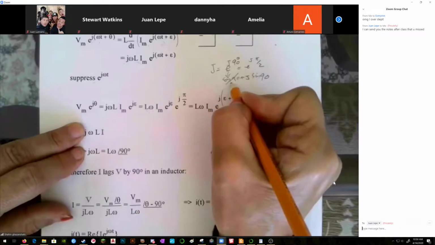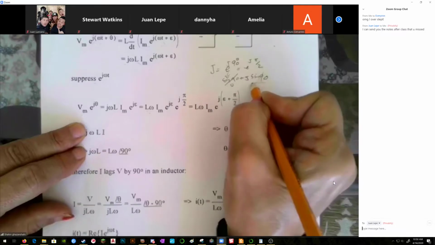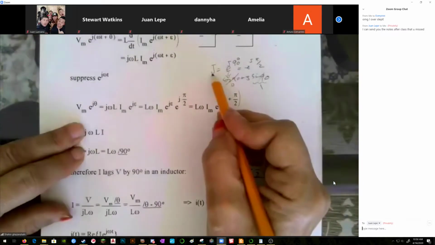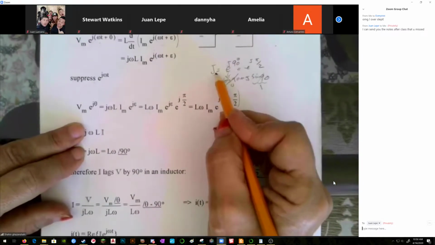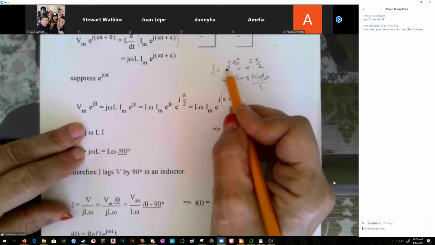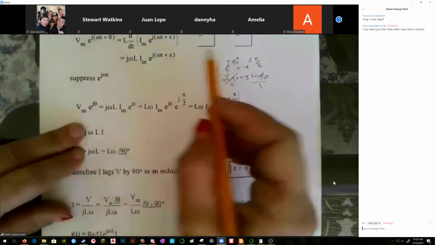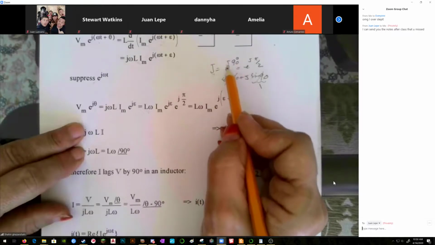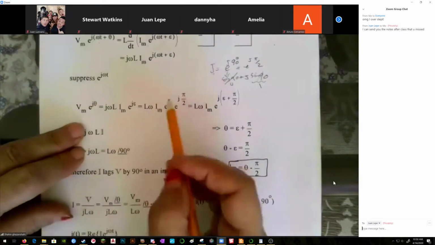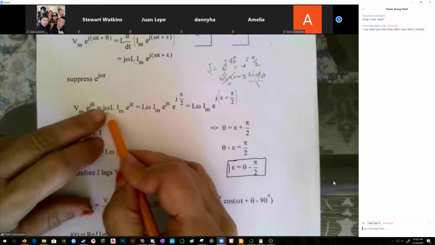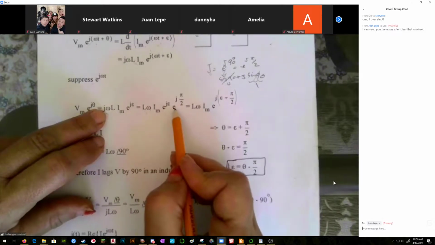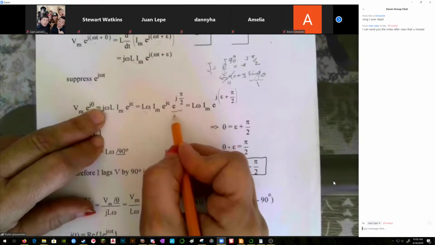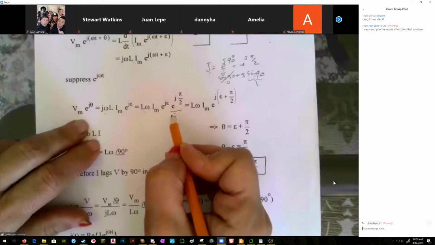Cosine of 90 is 0, sine of 90 is 1. So the number j is at 90-degree phase. Wherever there is a j, you can write it as an exponential of this. So that's why I get rid of the j here, and instead of j, I put this. Is that clear?